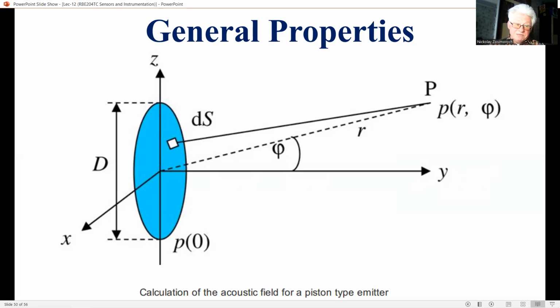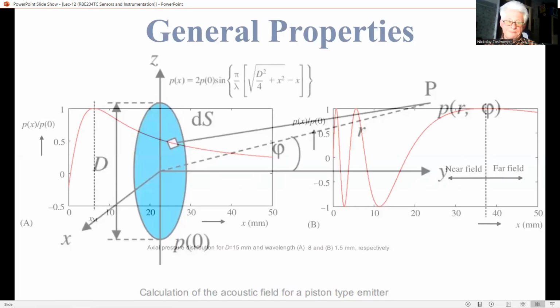At places where the waves are in phase, the sound intensity is high. This results in an interference pattern of acoustic waves in front of the transducer. The acoustic pressure appears to have peaks and lows in particular directions and at particular distances from the transmitter.